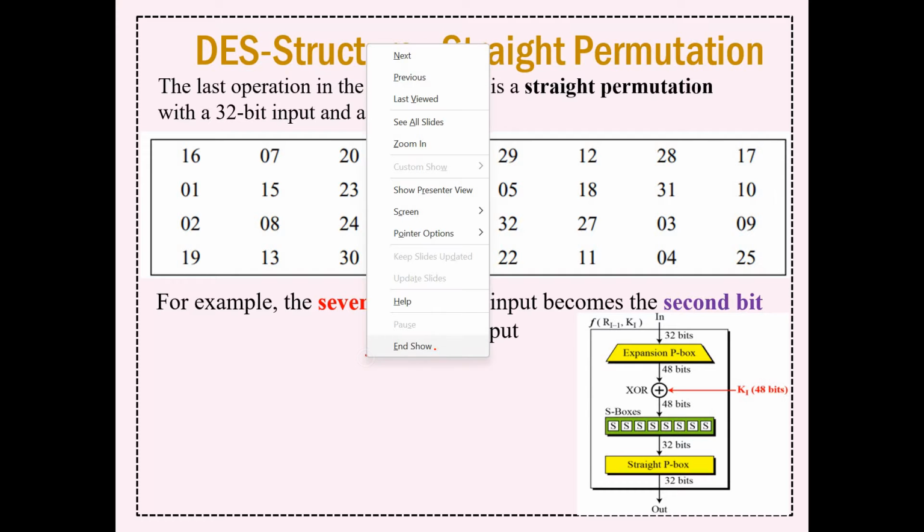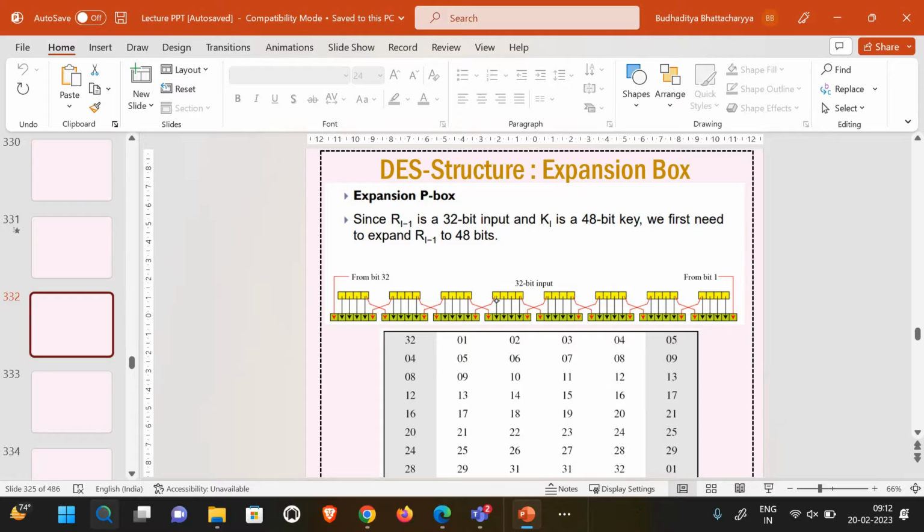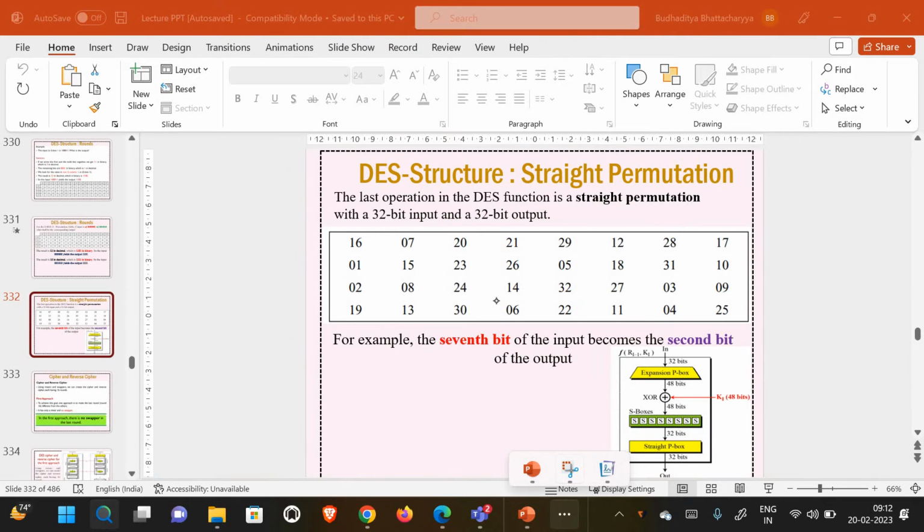So let me just start off from that. This is where I was talking about. Suppose I have a key. This key is 64-bit.